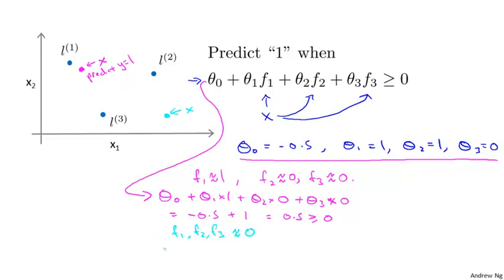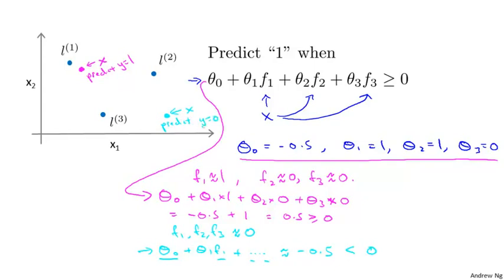And so we have theta 0 plus theta 1 f1 plus so on, and this will be about equal to minus 0.5, because theta 0 is minus 0.5, and then f1, f2, f3 are all 0. So this will be minus 0.5. This is less than 0. And so at this point out there, we're going to predict y equals 0.